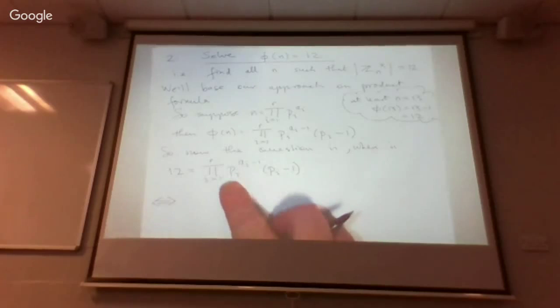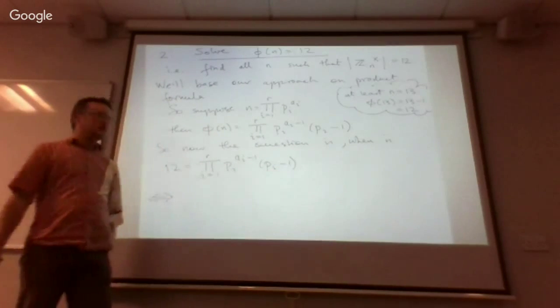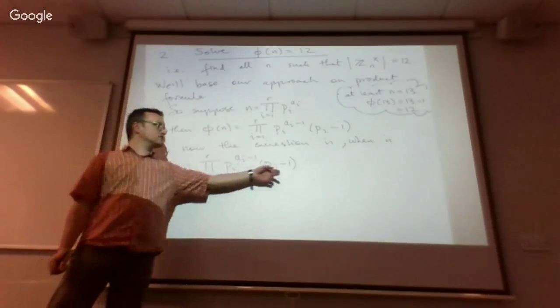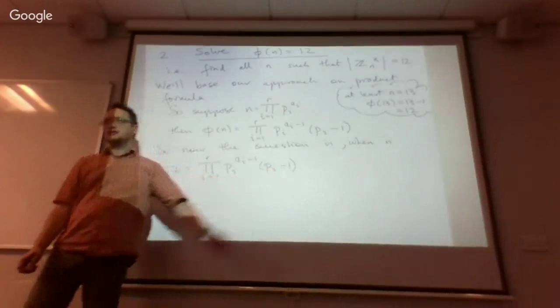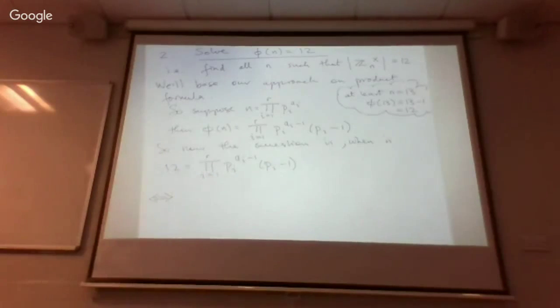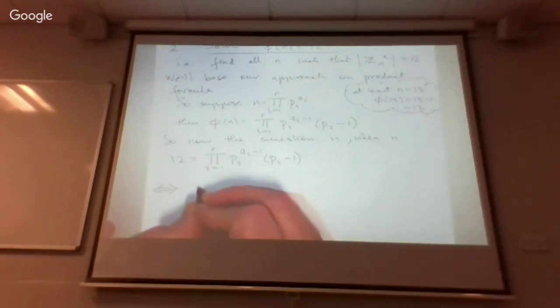Now this thing on the right-hand side is nearly a proper prime factorization. It's a product of a load of primes, but then you also have these other factors, p_i minus 1, which are not primes in general, but they're even numbers. Well, let's just look at the factorization of 12. 12 is 3 times 4, so it's 2 squared times 3.